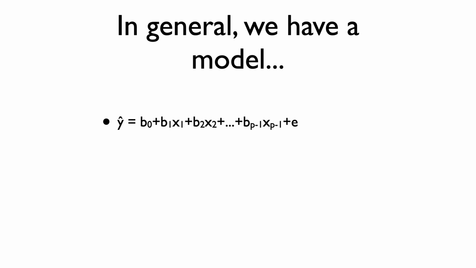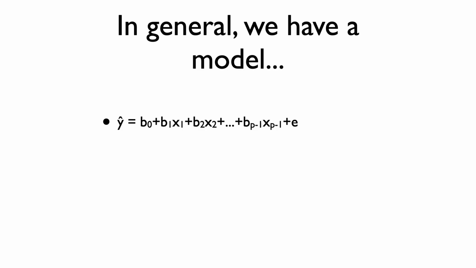This is saying then that we have p minus 1 predictor variables. So in our case, when we had x1 and x2, p minus 1 equals 2. You have p minus 1 predictors, meaning in your model you have p parameters because you have this b sub 0, which you don't multiply times the next value. It's the one at the intercept, okay? So what this is giving us is just a great big equation.